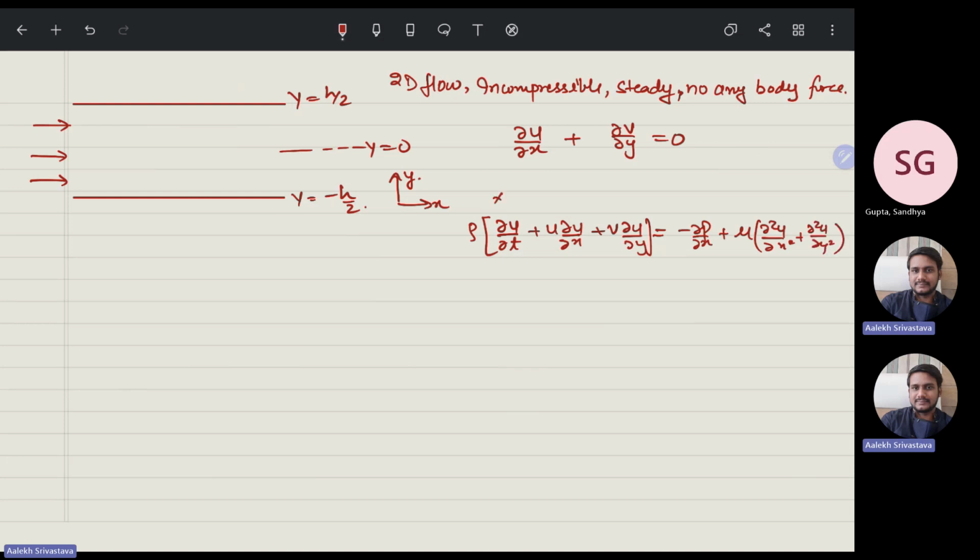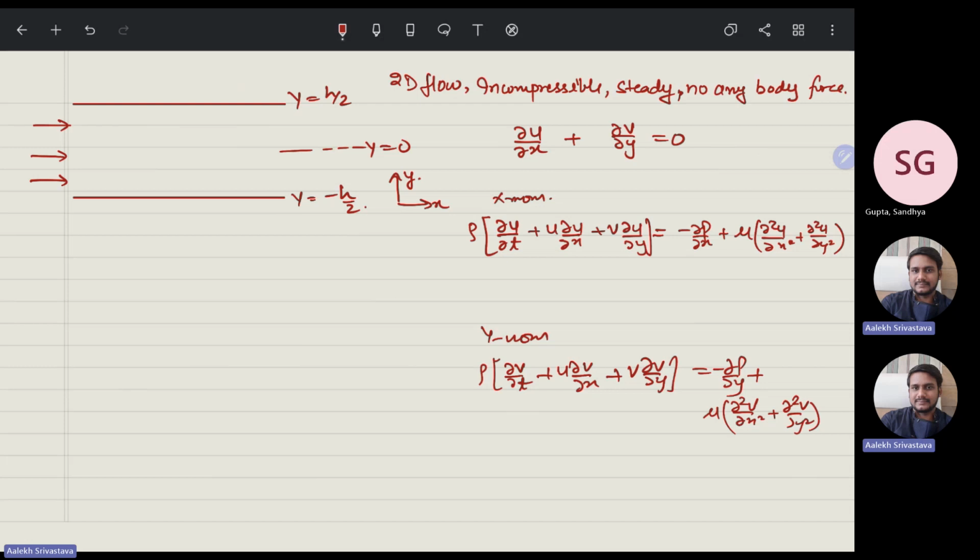This is your x momentum, and your y momentum is rho del v by del t plus u del v by del x plus v del v by del y, that is equal to minus del p by del y plus mu times del 2 v by del x square plus del 2 v by del y square. Now we will try to solve this equation.